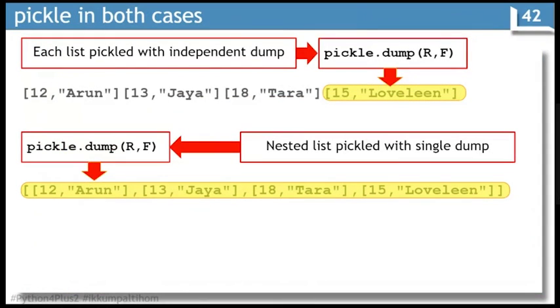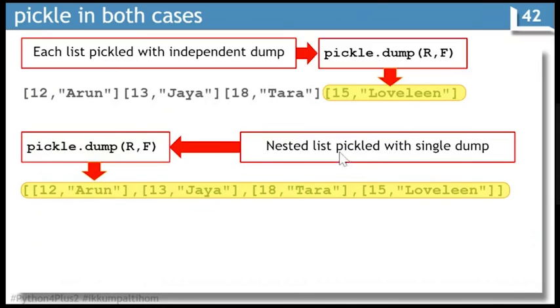Now, what is happening in both these cases, that is very important for you to understand. The first case where we were dumping the independent list, this is what was happening. Just look at the content which is getting created. So 12 Varun without any comma, 13 Jaya without any comma, 18 Tara without any comma, 15 Lovely. So when you perform independent dump one by one, you are dumping the content like this, and the last content will be 15 Lovely.